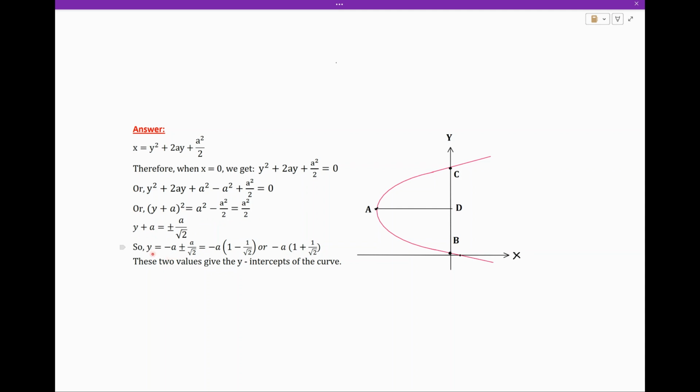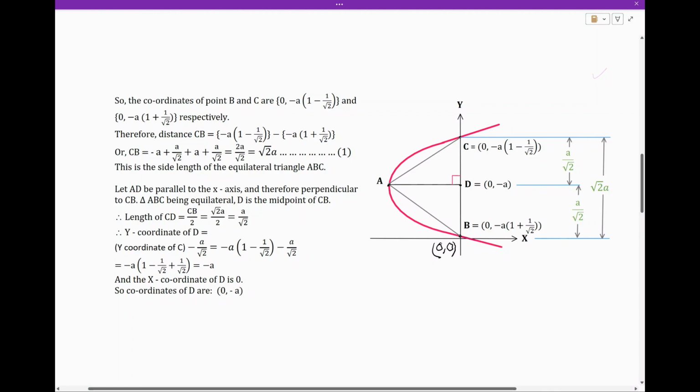One is y is equal to minus a multiplied by (1 minus 1 by square root of 2), and the other value is y is equal to minus a within bracket (1 plus 1 by root 2). These two values give the y-intercepts of the curve for B and C respectively.